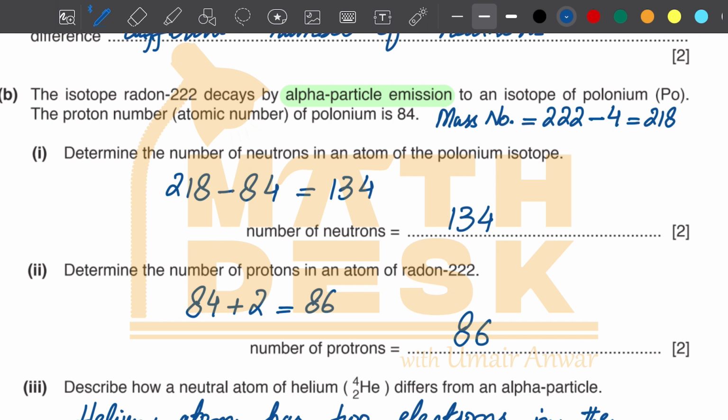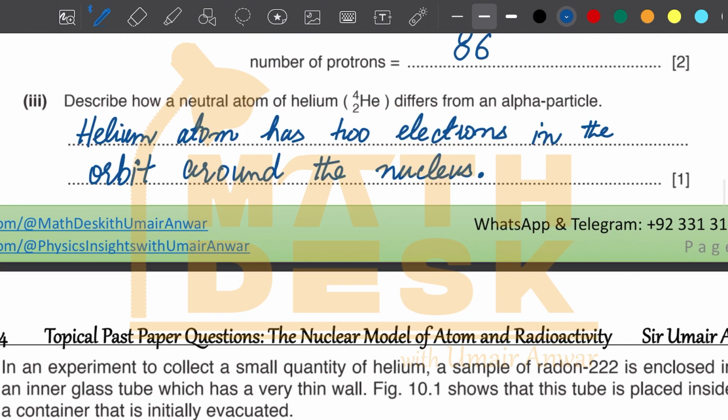So this is the difference between a complete helium atom and an alpha particle.